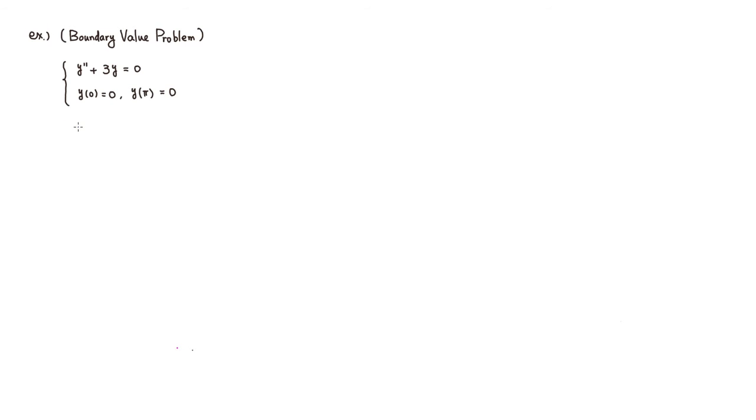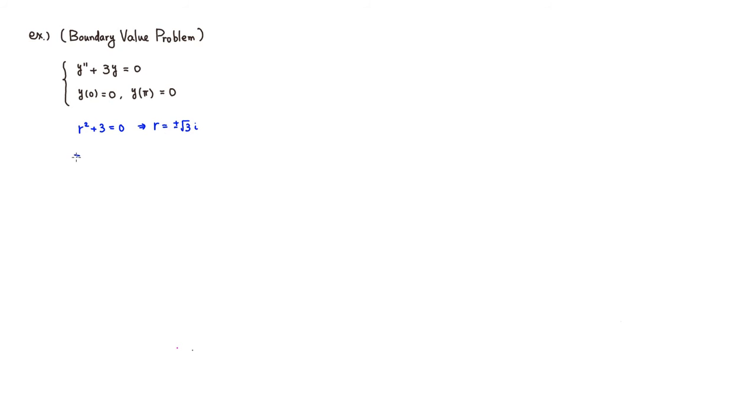Characteristic equation: r squared plus 3 is equal to 0. So this is going to give us r is equal to plus or minus square root of 3 i.